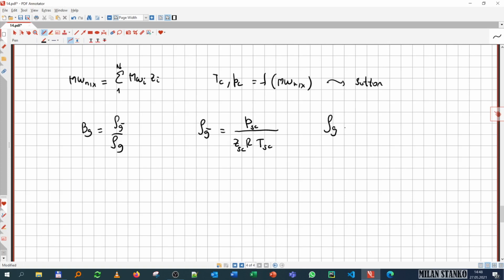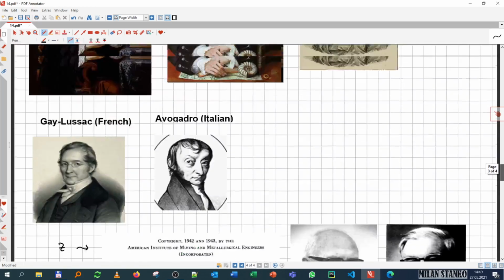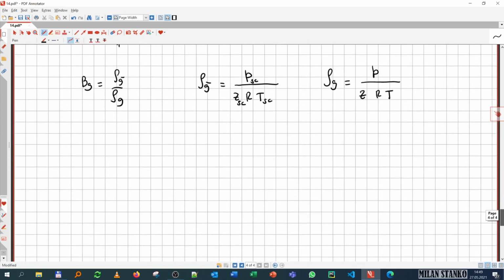And the density of gas at local conditions is P over Z R T. Let's see if I didn't make any mistake. Then, because we are talking about pressures, standard condition pressure is very similar to atmospheric, so this Z is typically 1. There is not much deviation from an ideal gas. All of these other terms are constants, and these are the ones that are really going to be changing.